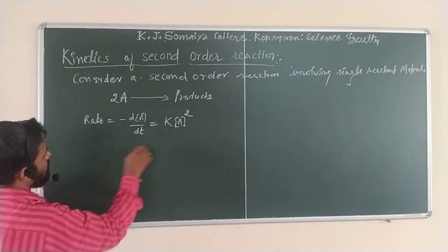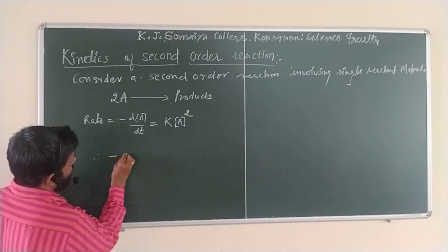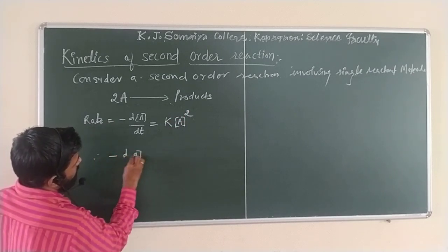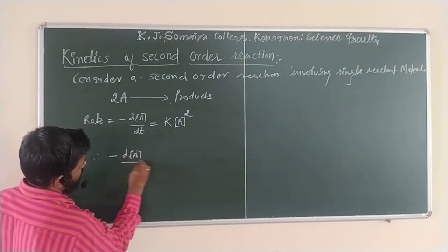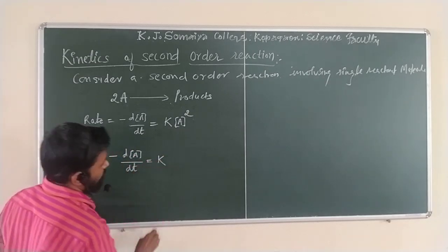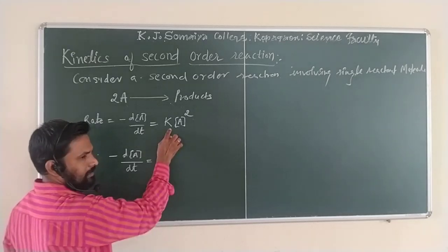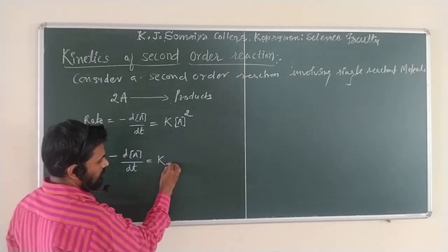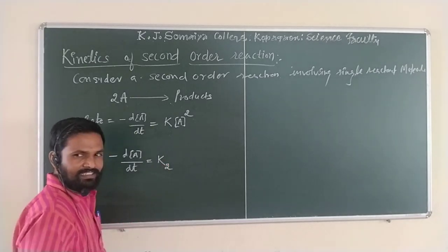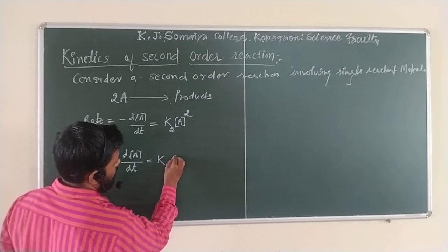So here we can write simply, therefore minus dA upon dt is equal to K. This K is nothing but the rate constant. This K I can represent as K2. This K2 is nothing but the rate constant for the second order reaction.